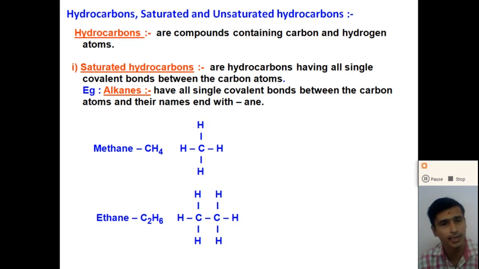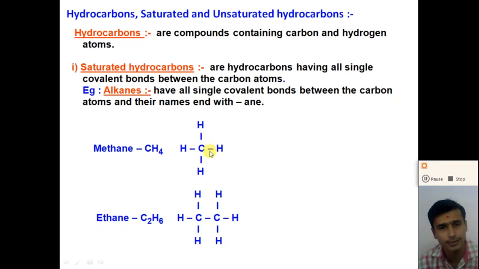For example, alkanes, right? Alkanes have all single covalent bonds between the carbon atoms and their names end with "ane", right? For example, if we consider a single carbon atom C, this carbon atom has 4 valence electrons, and these 4 valence electrons make covalent bonds with the valence electrons of 4 hydrogen atoms, right? So the carbon atom makes covalent bonds with 4 hydrogen atoms.